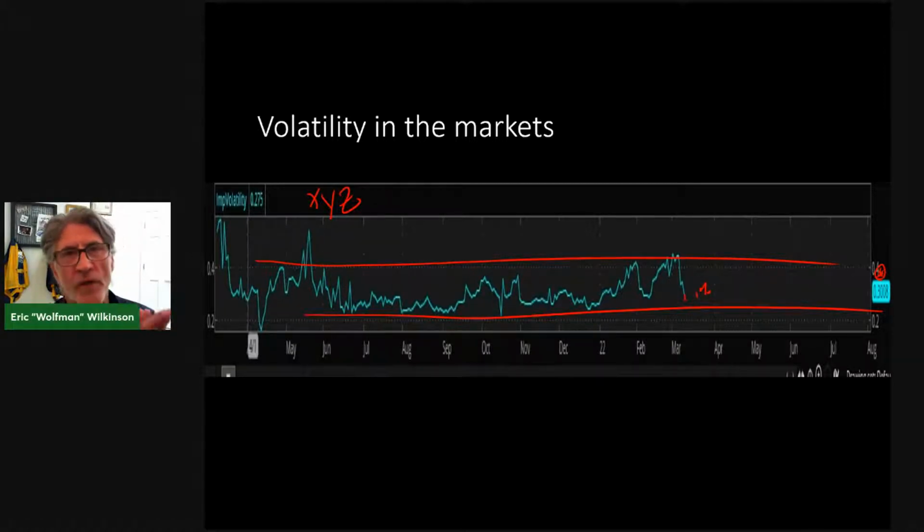I haven't even talked about price of the underlying, what it's doing. I don't care at this point. What I want to do is determine if prices in the options are cheap or expensive for this underlying through looking at implied volatility. Does that make sense to everybody?